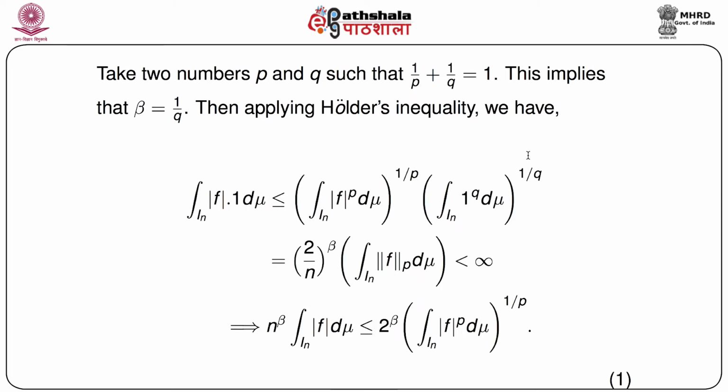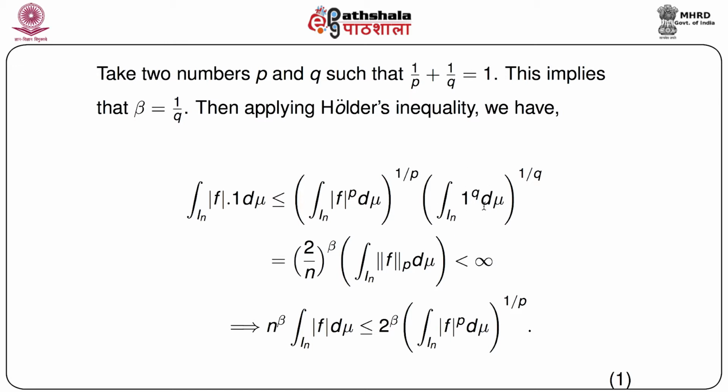Again, apply Holder's inequality. We get the integral over I_n of |f| times 1 dμ, the same old technique that we have used in the last two problems, is less than or equal to, by Holder's inequality, the integral over I_n of |f|^p dμ, whole to the power 1/p, times the integral over I_n of 1^q dμ, whole to the power 1/q. Now the integral over I_n of 1^q means 1 dμ. Now I_n is from -1/n to 1/n.